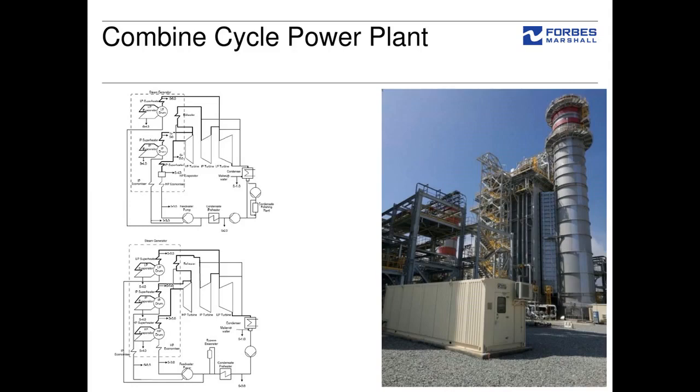Generally they have a multi pressure boiler, so they generate HP, IP and LP superheated steam, and this steam is then used in HP and LP turbines. This is nothing but a Rankine cycle. By combining a highly efficient Rankine cycle with a Brayton cycle, the overall efficiency of the plant is increased. Also, there is no wastage of heat from the gas turbine, which makes it a cleaner as well as more efficient power plant.